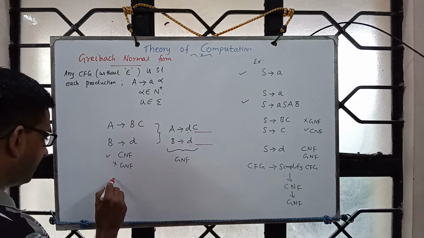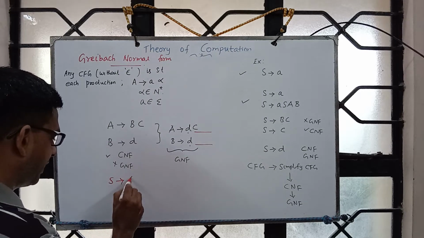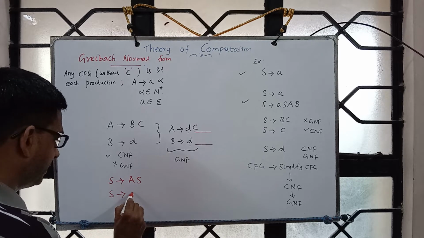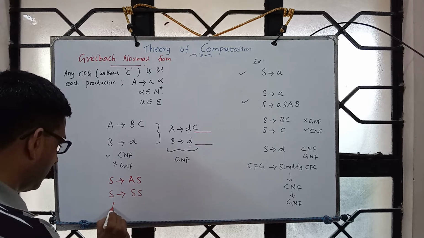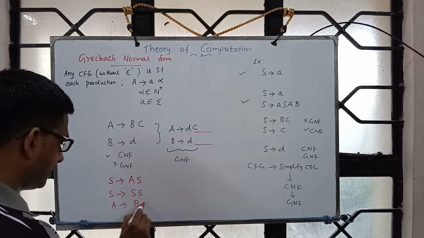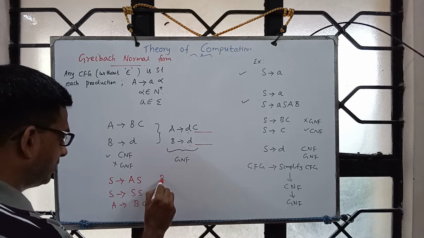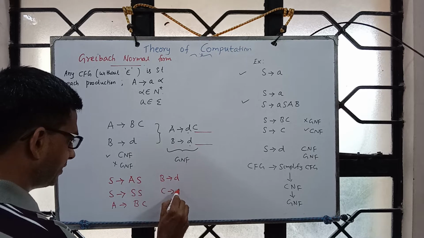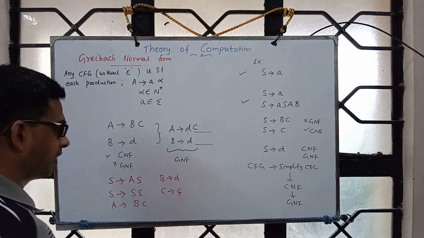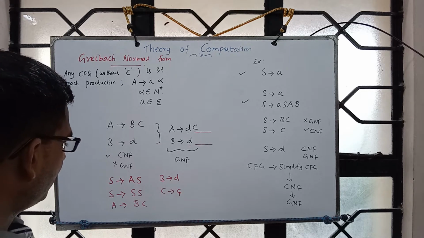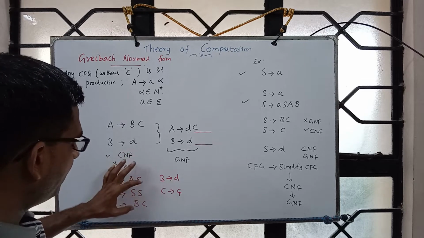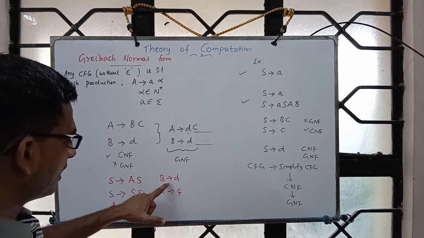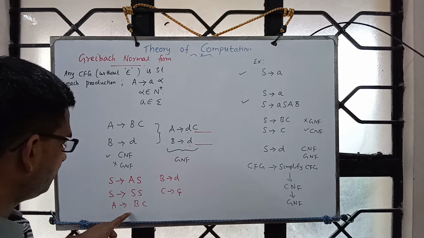So if we have something like S implies AS and S implies SS, A implies BC, and then say B implies D, C implies small c, we will try simplifying this by substituting B implies D over here.